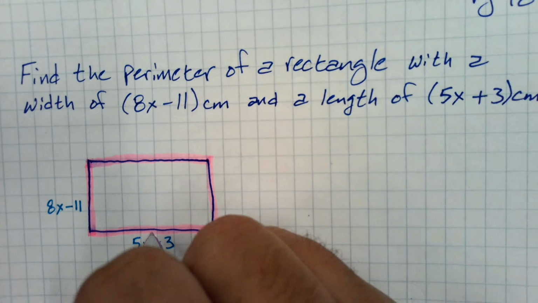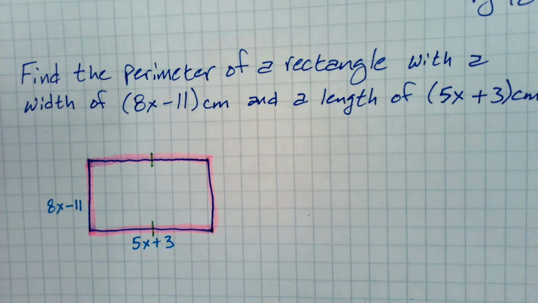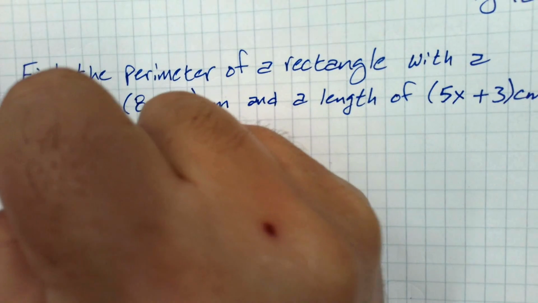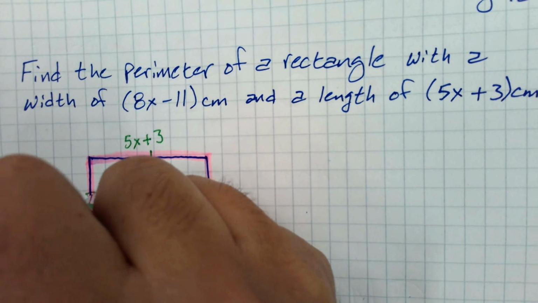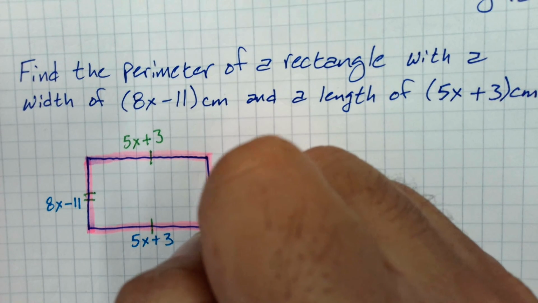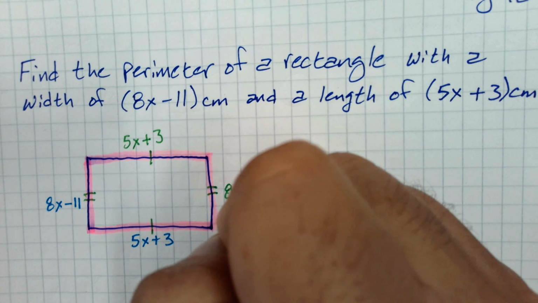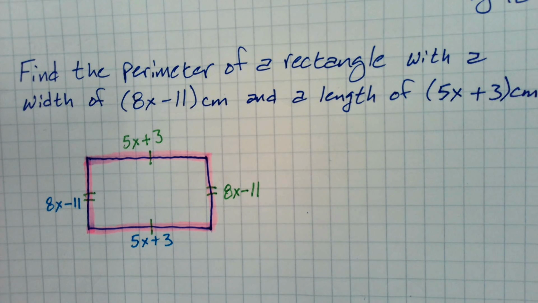Yeah, opposite sides we say are congruent. Congruent means the same size. So 5x plus 3 here. And same thing here. These two are equal in size, so I'm going to put two little tick marks. And this is 8x minus 11. Okay. Yes. Could we just add those separately, each of the opposite sides, and then with our end result, we just add those two together?